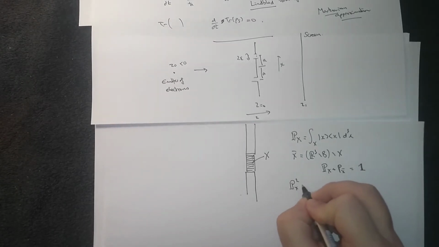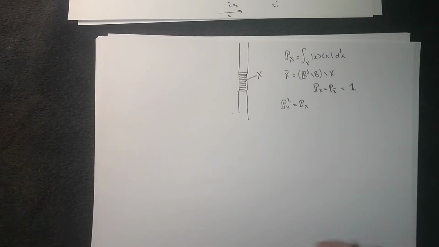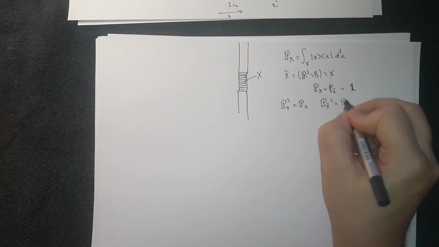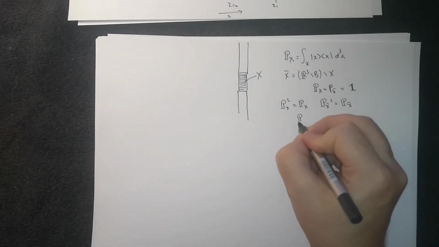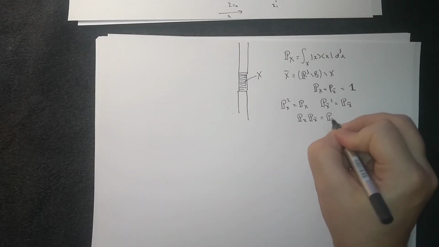P_X squared, being a projection, is just P_X. And similarly, P_X bar squared is P_X bar, and they're orthogonal as well. P_X bar P_X is 0.